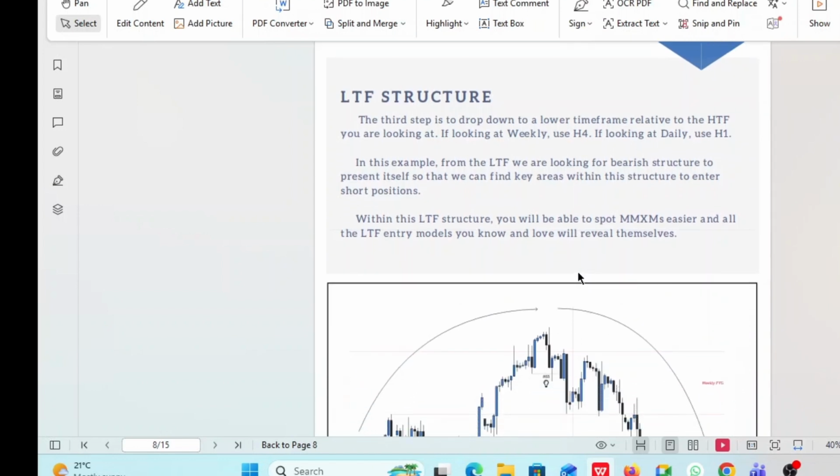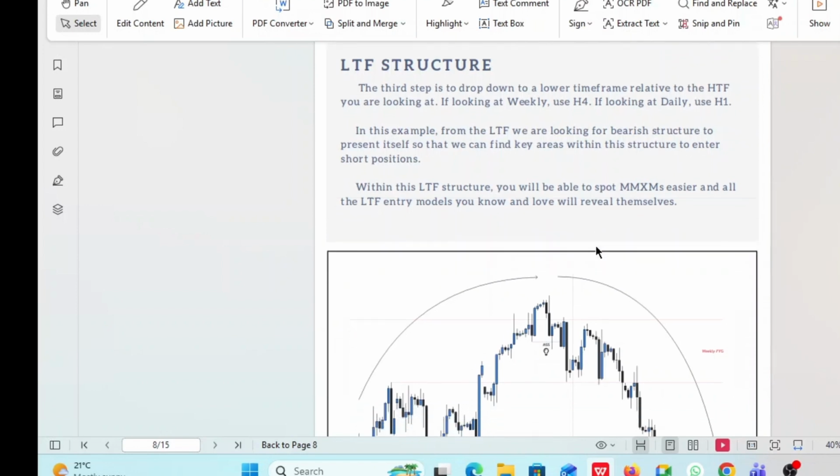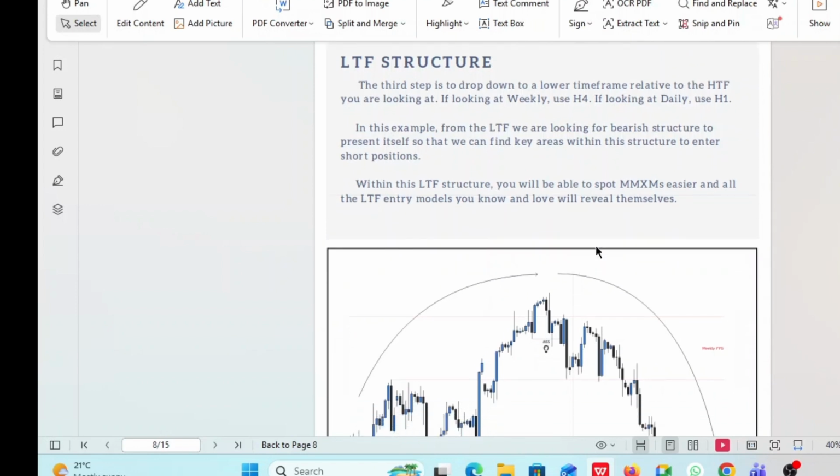Within this lower time frame structure, you will be able to spot the market maker buyer model or the market maker seller model.